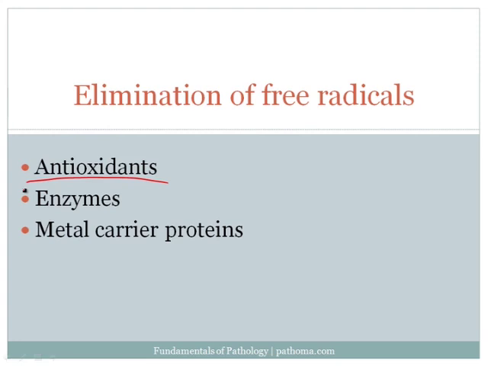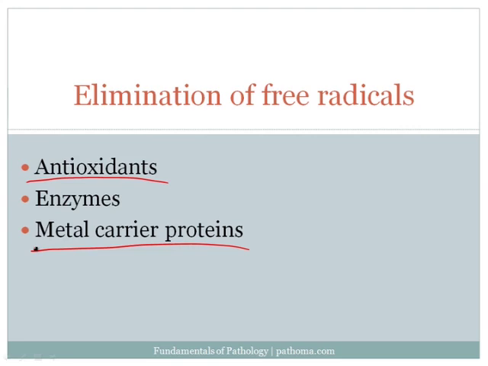Another important mechanism of elimination of free radicals, I'm going to go a little out of order, is metal carrier proteins. You know that copper and iron have the ability to create free radicals, iron in particular, by the Fenton reaction, and the generation of free radicals is a dangerous thing.